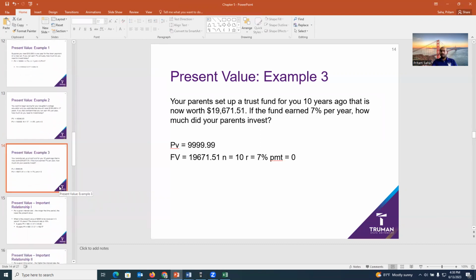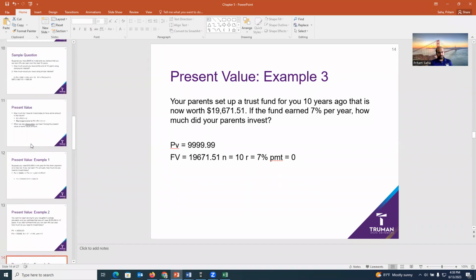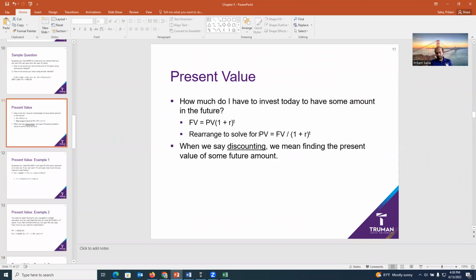Now we talked about the effect of compounding in terms of interest rate and time, and we said that if interest rate is more and time is more, the future value is more. Now the relationship between present value and future value is inverse, because if we discount future value, we get the present value.